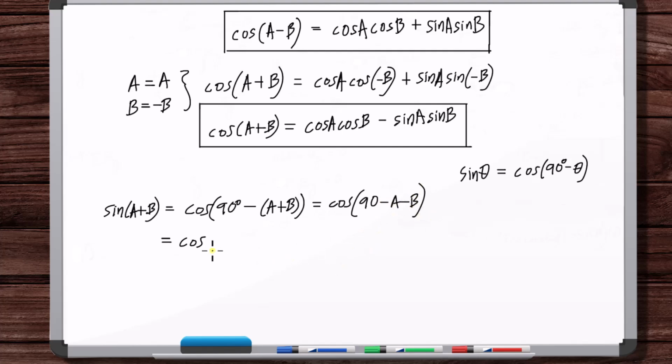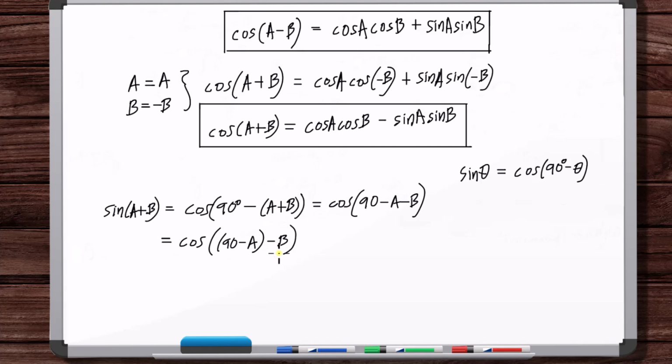And now let's regroup this way. And so now, if this is, let's say, x and this is y, then let's use the difference identity for cosine. We have cosine of x minus y.